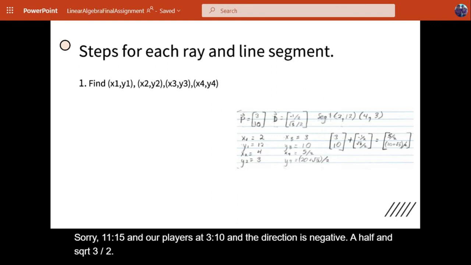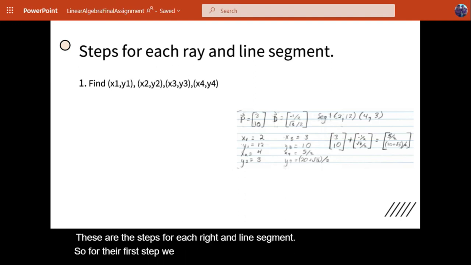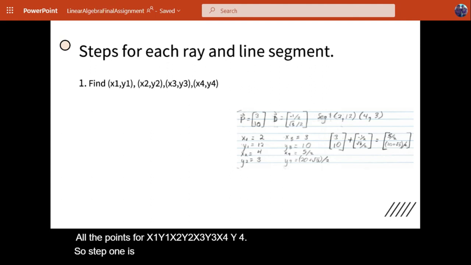These are the steps for each ray and line segment. So for our first step, we have to find all the points for x1, y1, x2, y2, x3, y3, x4, y4. So step 1 is easy. The first and second are just the line segment we're checking.